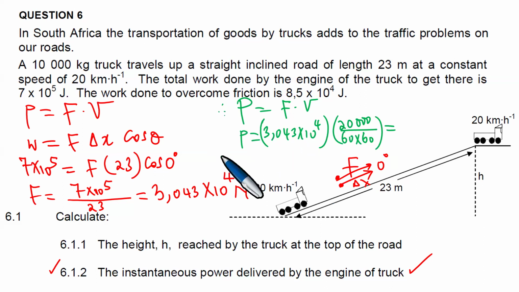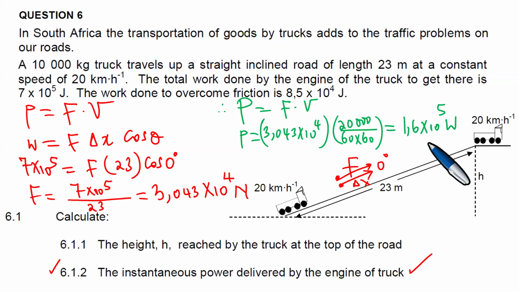What is the answer to this, guys? I'm going to use a calculator here. What we get is 1,6 times 10 to the 5th power, and power is measured in watts. We can convert to kilowatts, but let's confirm that this is correct.